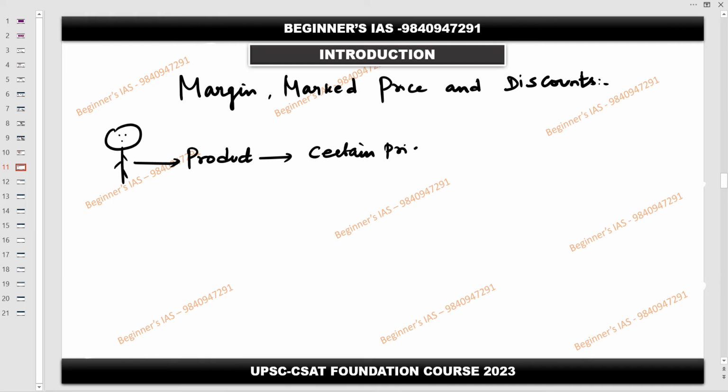This price is nothing but the investment. If you are putting this much price to make this product, it is called your investment. For example, a farmer is investing in every circumstance, which is nothing but some certain price.